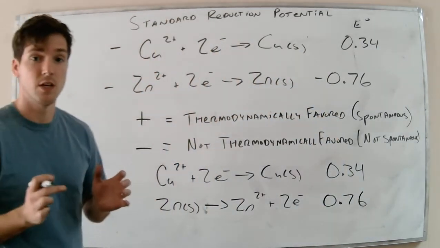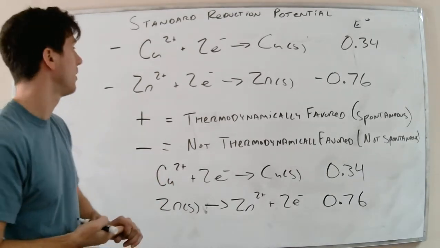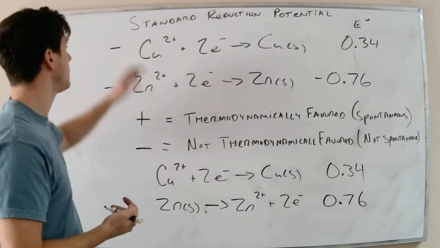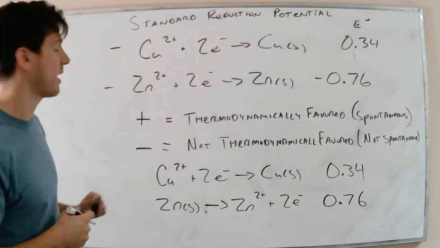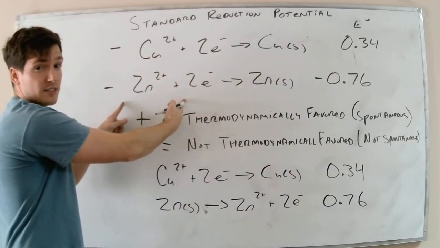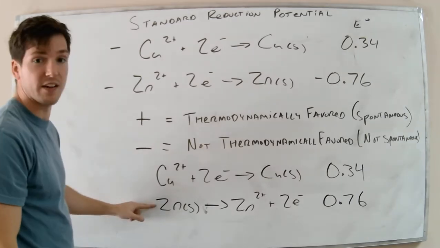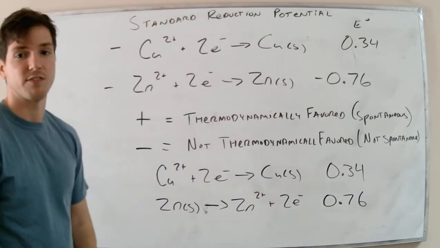Alright, so again, I give you two metals, an anode and a cathode. You look at them on the list. You keep the more positive one the same. Since copper was more positive, we kept it the same. The other one is what's going to be oxidized, so we flip it like I did down here. And when you flip it, you got to flip the sign.